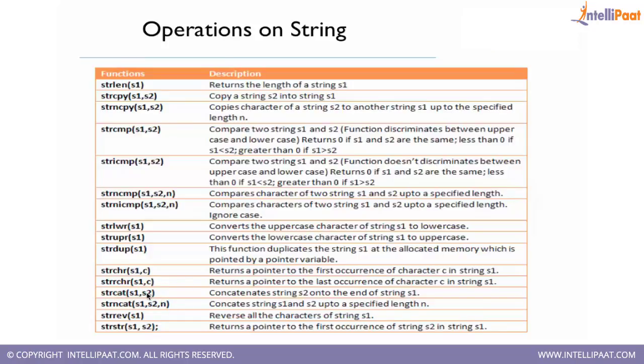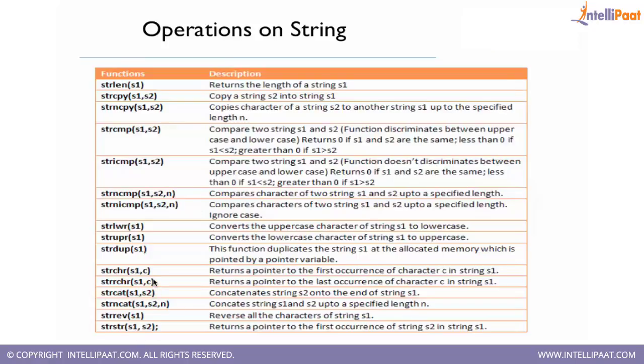strcat will concatenate s2 to s1. strncat s1 s2 n concatenates s2 to s1 up to n characters. strrev is a very important function; it reverses the string s1. So if you want the reverse of a string, you can use it. strstr s1 s2 returns a pointer to the first occurrence of s2 in s1.